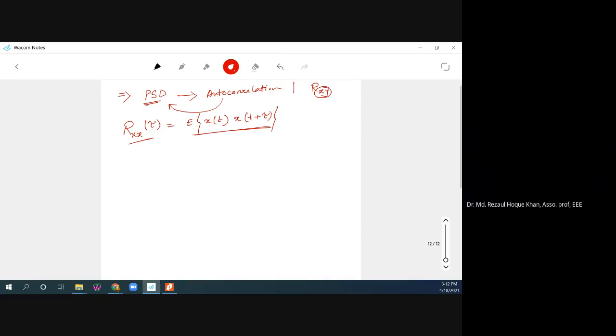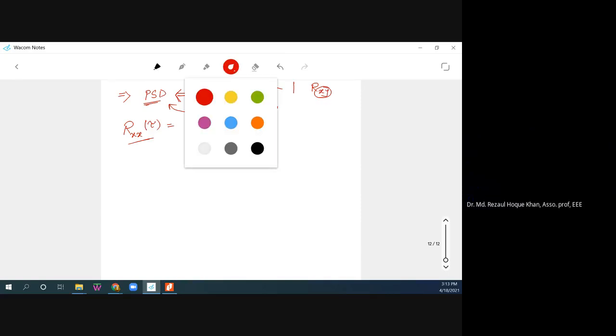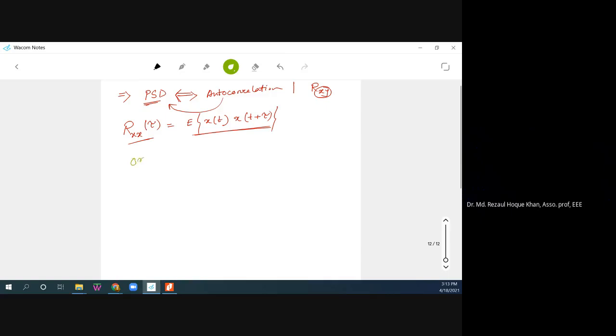If we do the autocorrelation of a signal, you will find the power spectral density of that signal. But this is conditional. It is only true for a specific kind of signal.